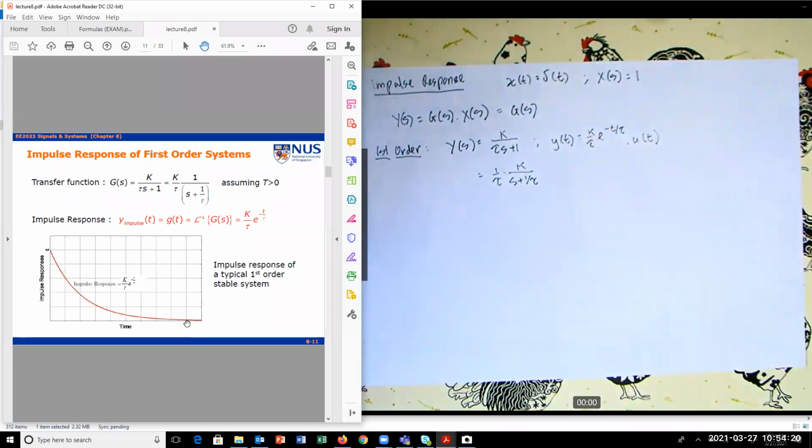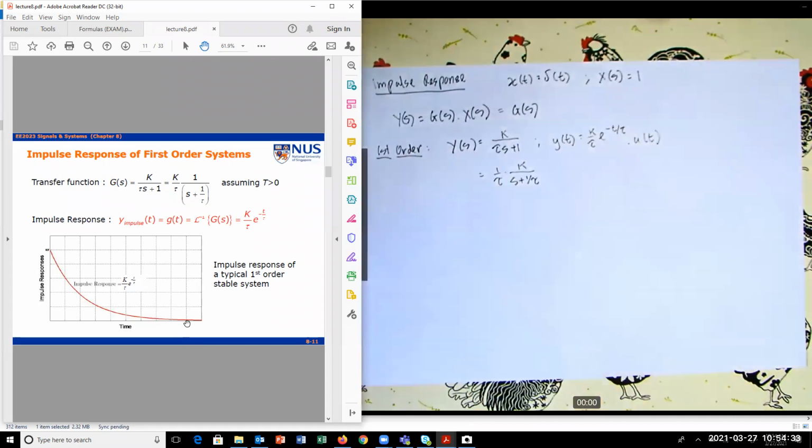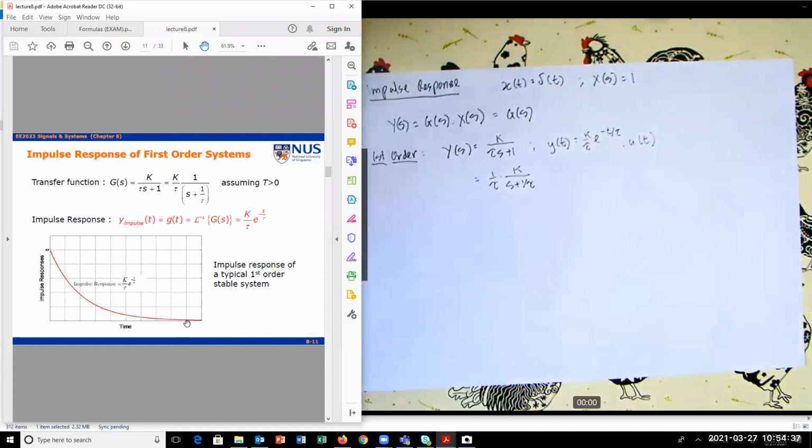For the second order, we have those four cases, depending on zeta. When we go through these operations, you remember when we tried to derive y(t), we have these 4 steps. Step 1 is obtain the differential equation.